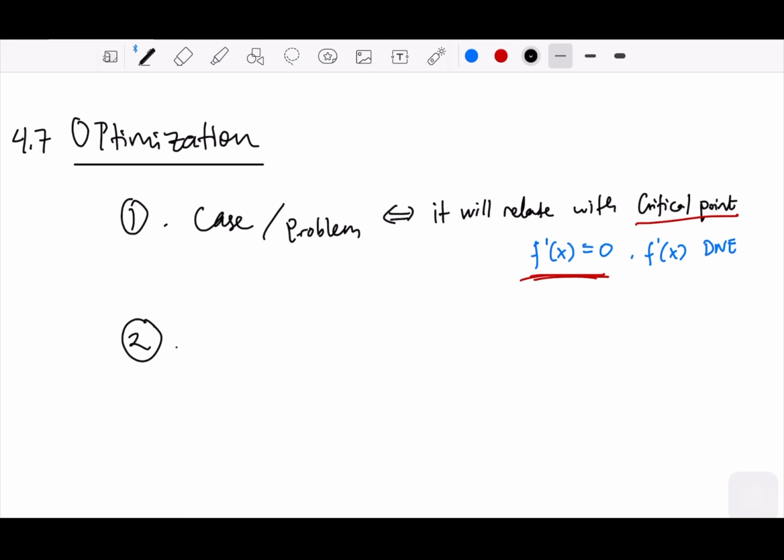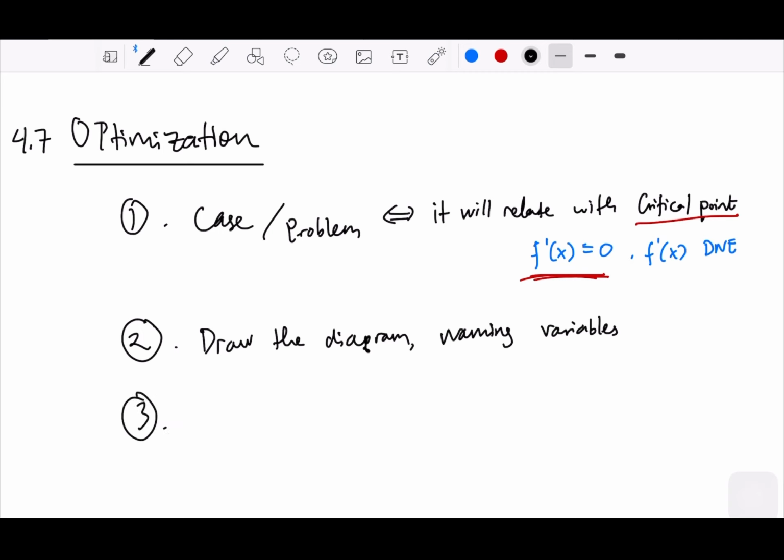And then the second one, what we can do in optimization, to understand the problem, we can draw the schematic or draw the diagram, and then name the variables. To help us find our functions and take them into our first derivative, we need to draw the diagram and name the variables.